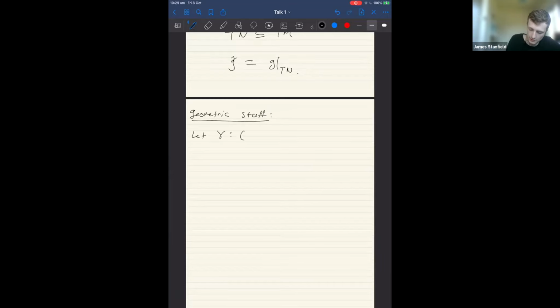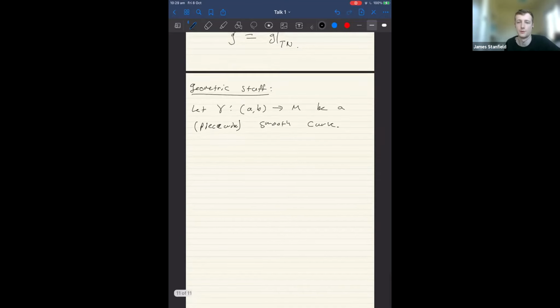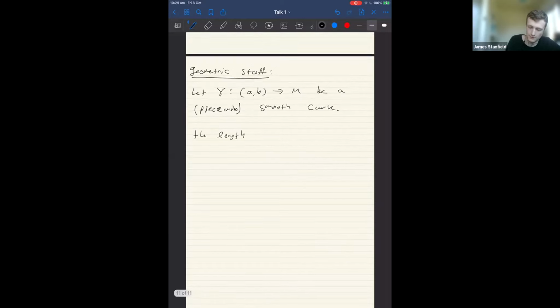Let gamma be some piecewise smooth curve, and then we can define the length. The length of this curve is just defined as follows.